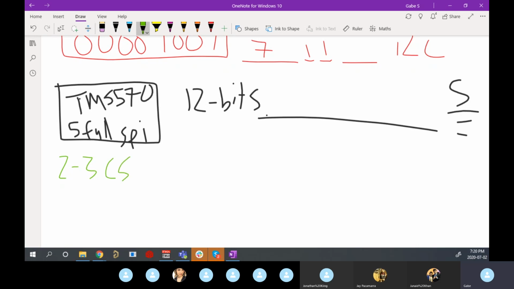Maybe even one of them has 4. But yeah, that's usually it. If you really want, you can just use another generic GPIO to be a chip select for you. You disable all of your normal chip selects, and you just get another generic pin, and you can use this as a chip select to a new slave, and just manually assert it low whenever you want to talk to it.